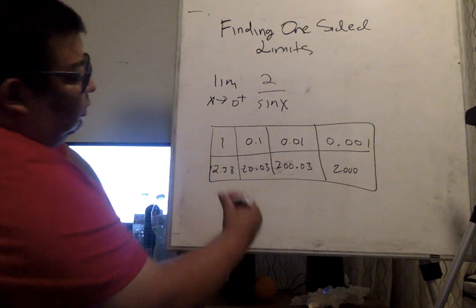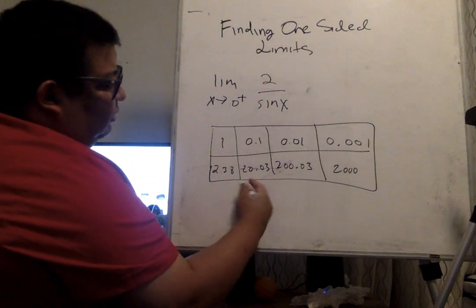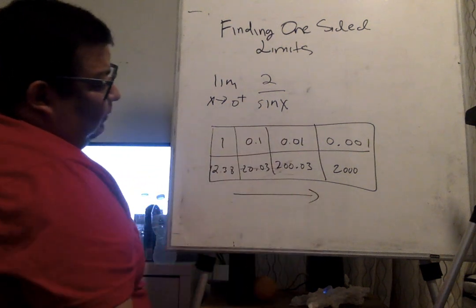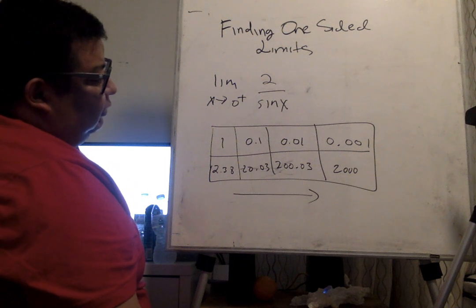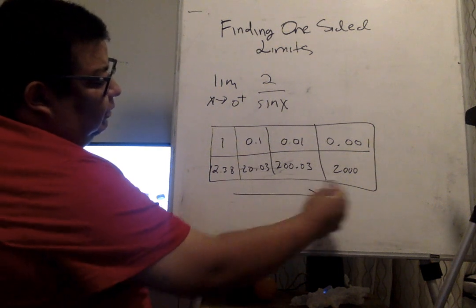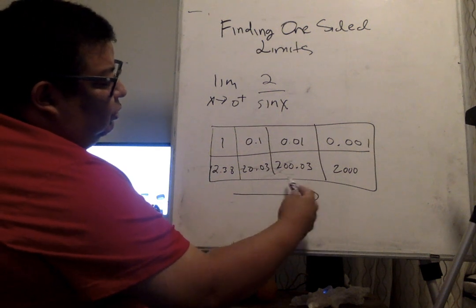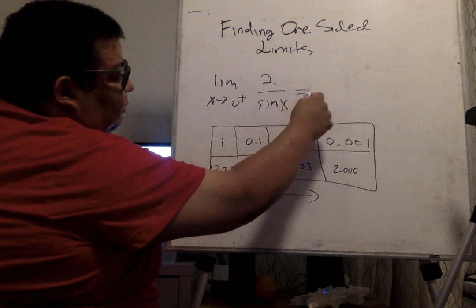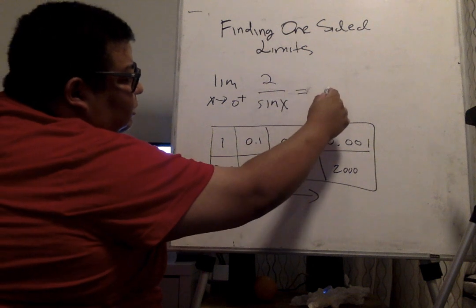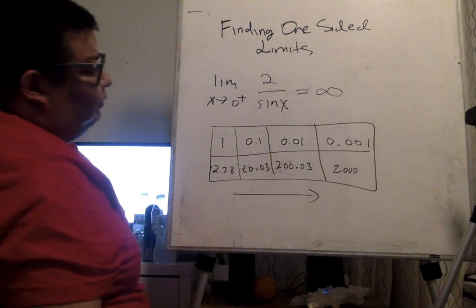So as we approach 0 from the right side, we're getting larger numbers. This is approaching bigger numbers quickly. So we're going to say that this limit approaches infinity.